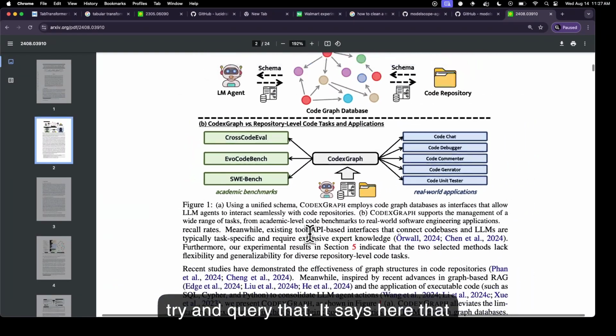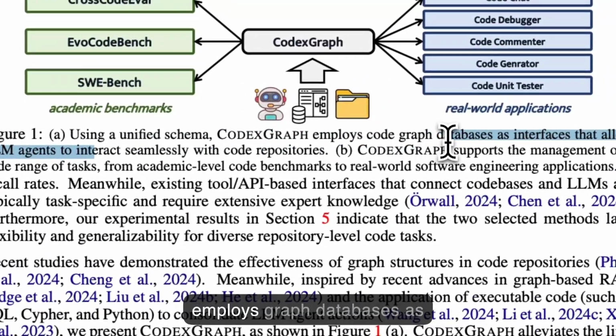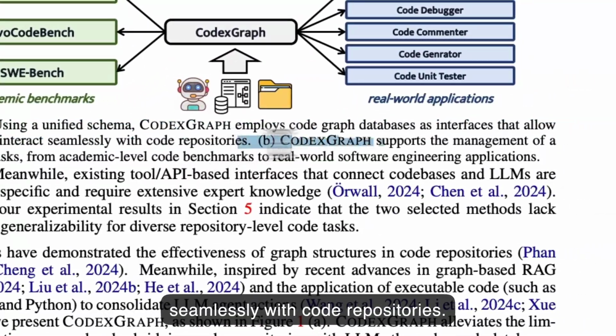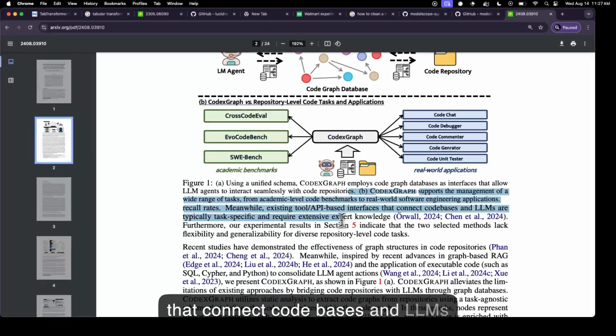So it says here that using a unified schema, CodexGraph employs graph databases as interfaces that allow agents to interact seamlessly with code repositories. Existing tool and API-based interfaces that connect code bases and LLMs are typically task-specific and require extensive expert knowledge.